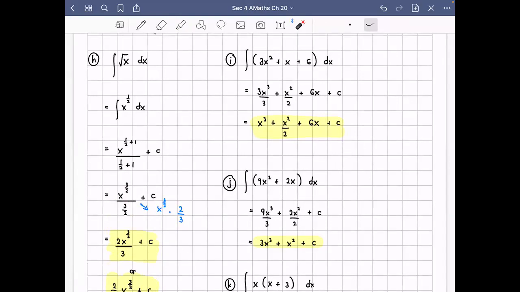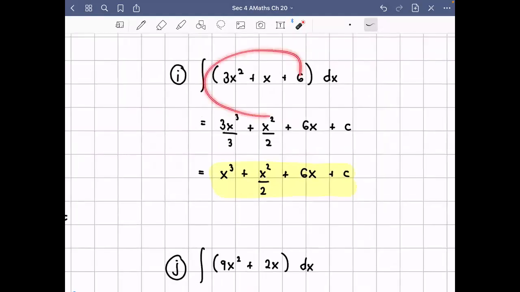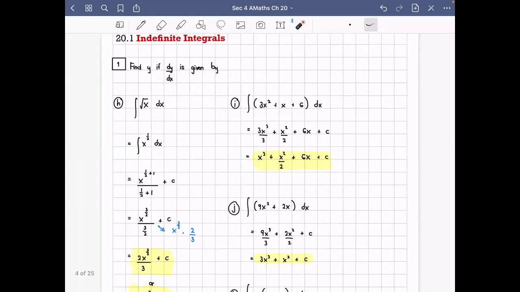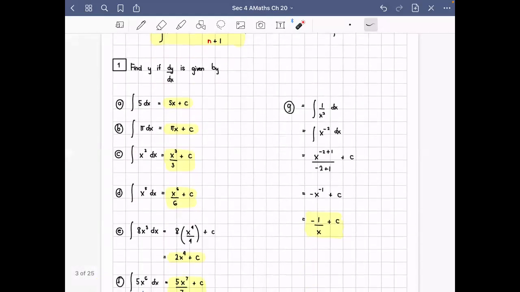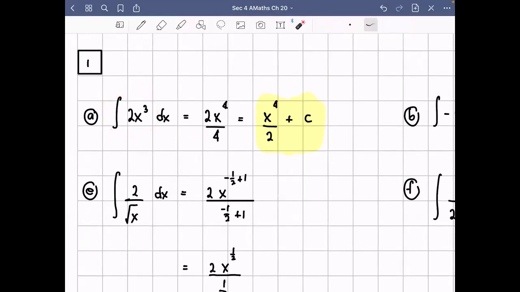Okay, it's quite fast. Let's have some questions first. Letter I onwards are now expressions, a combination of everything we have learned from letter A up to now.